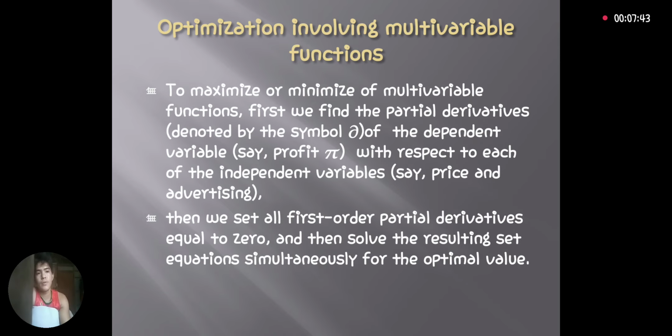So let's proceed to optimization involving multi-variable functions. To maximize or minimize multi-variable functions, first we find the partial derivatives, denoted by the symbol, of the dependent variable, say profit, with respect to each of the independent variables, say price and advertising.